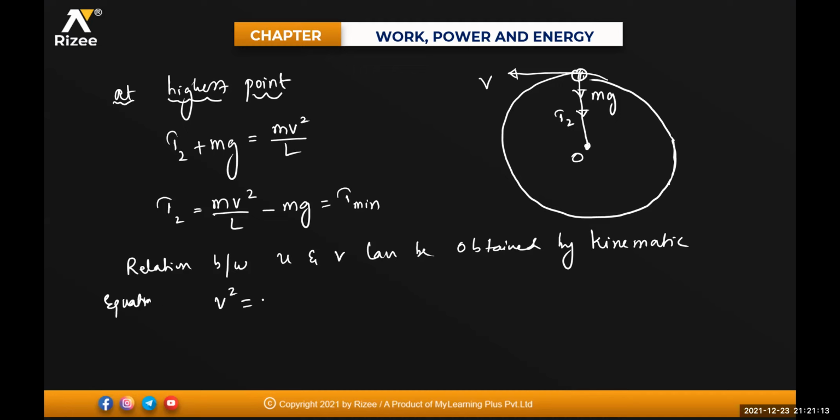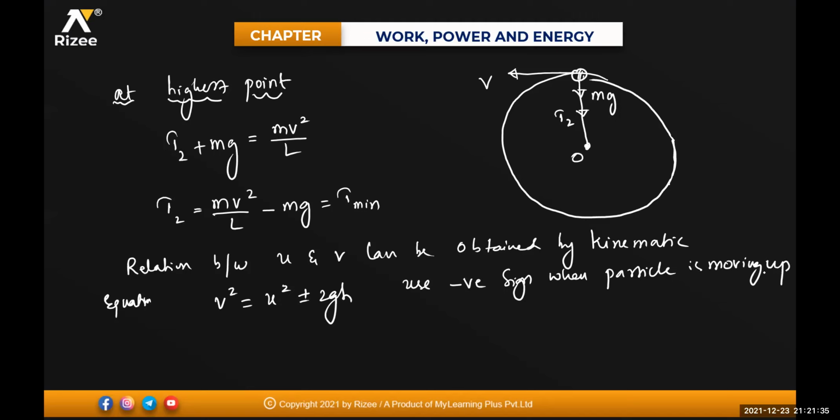v square is equal to u square plus or minus 2g into h. Okay, u is the initial velocity, v is the final velocity, beta, and use the negative sign when the particle is moving up. In the same way, use the positive sign when the particle is moving down.